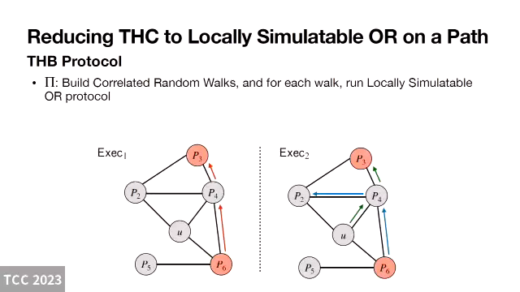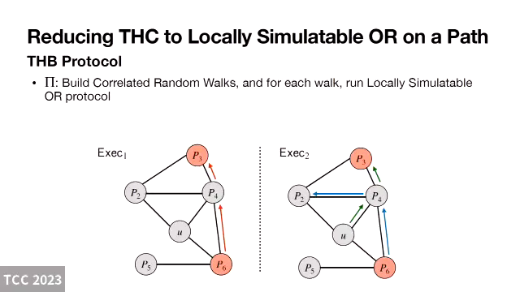For security, let's start by looking at 2 executions of the protocol. So on the left, we have a random walk that starts at P6, then goes to P4, and then goes to P3 as the 3rd node. On the right, we have one walk that starts at P6 as the 1st node, but then goes elsewhere. And then another walk that starts elsewhere and goes to P3 as the 3rd node.